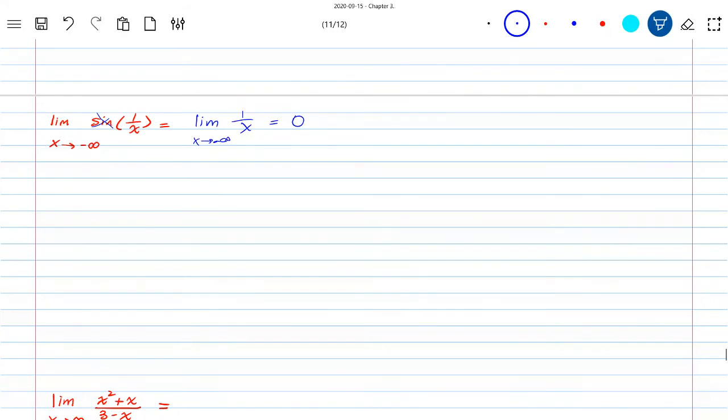So if there is a sine operating here, I can replace the infinity and say this is the same as sine of 1 divided by infinity. Since I accepted that 1 divided by infinity is 0, this must be sine 0. And what is sine 0? It's simply 0.